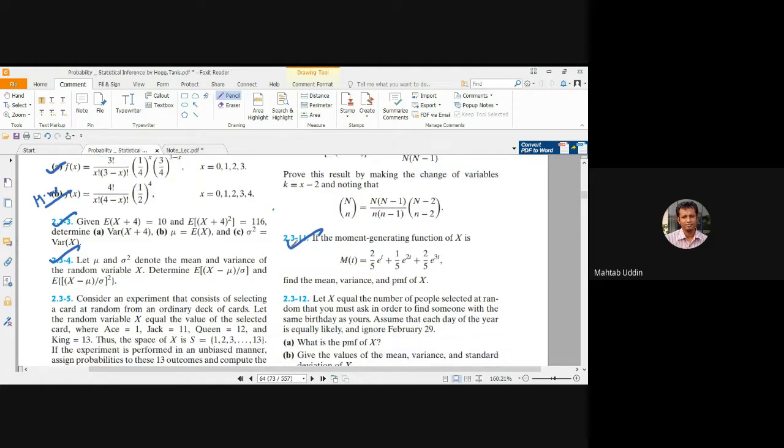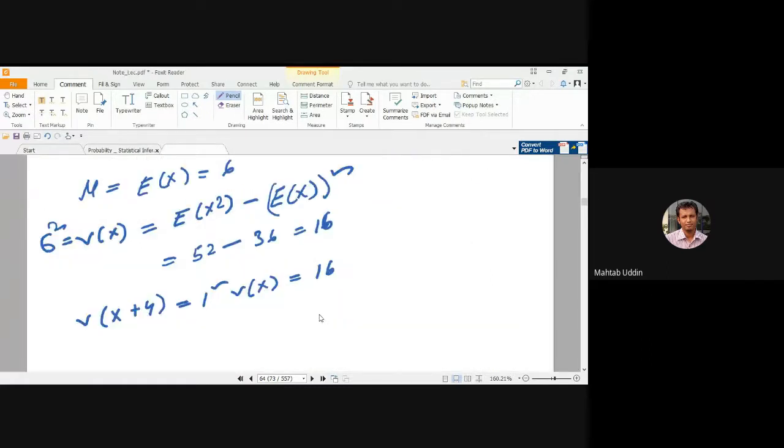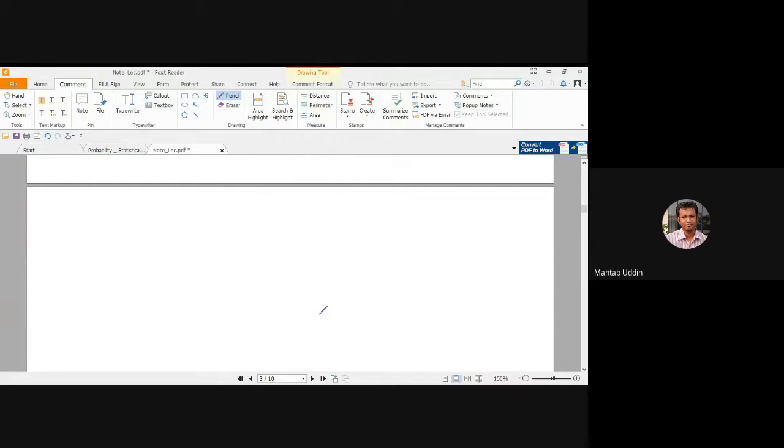Then go for number 4. Let mu and sigma square denote the mean and variance of the random variable. Determine this and this. We have to determine those. Now for expectation of x minus mu by sigma, in chapter 3.3 we'll see that actually this is the standard variable.